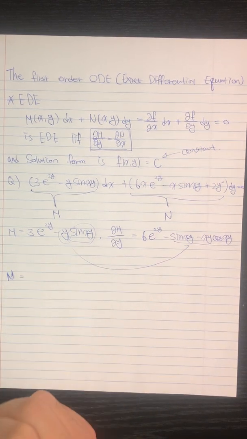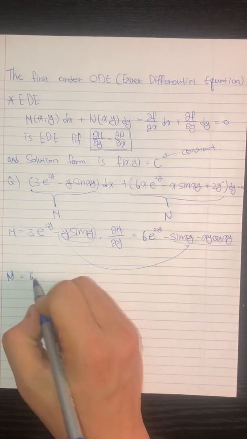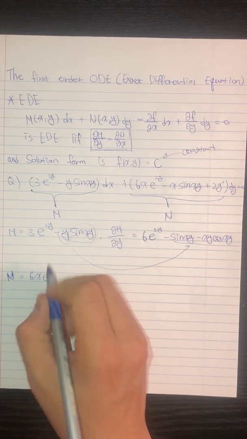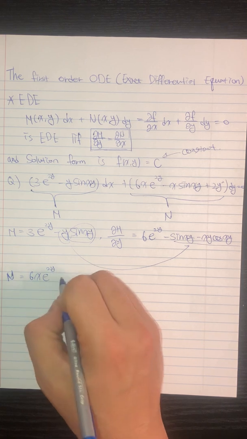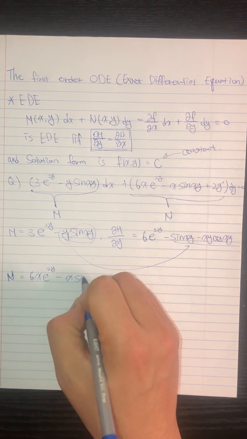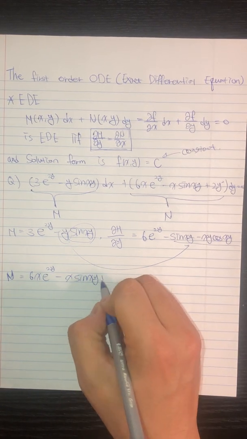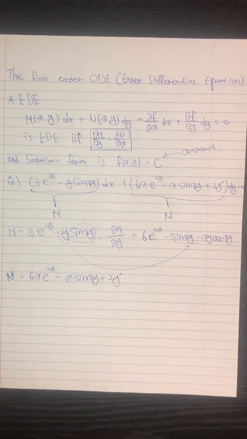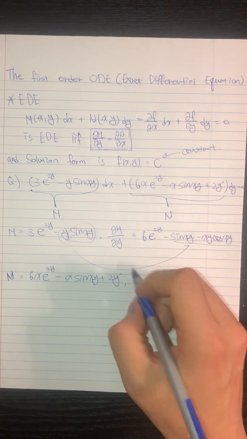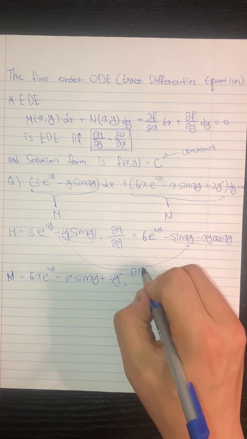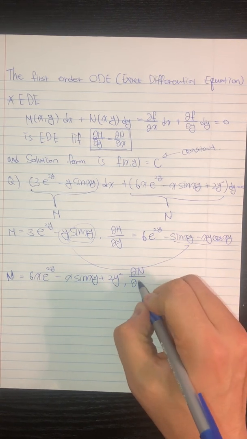And what about N? This guy is 6x e^y minus x sin(xy) plus 2y squared. So what about ∂N/∂x, the derivative with respect to x?